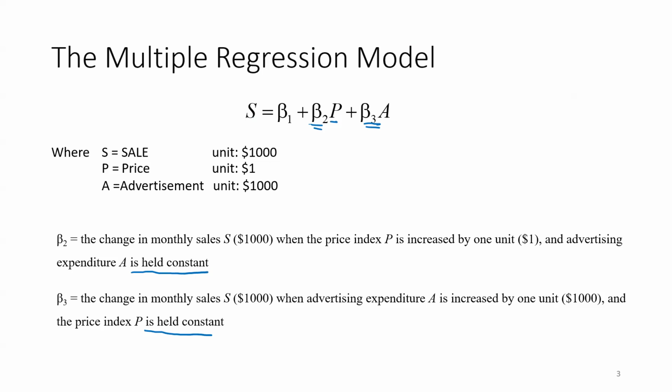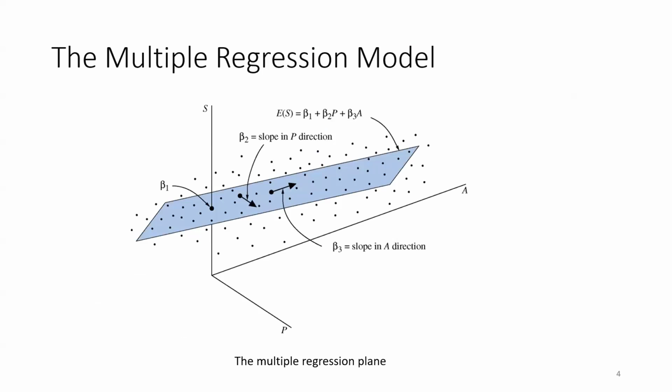So if we plot the data, instead of having y and x, we have 3D data here. Let's imagine that it is 3D and we have that kind of data. Okay, so then we would like to estimate this model.